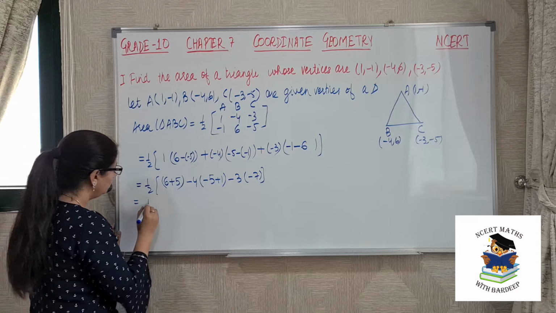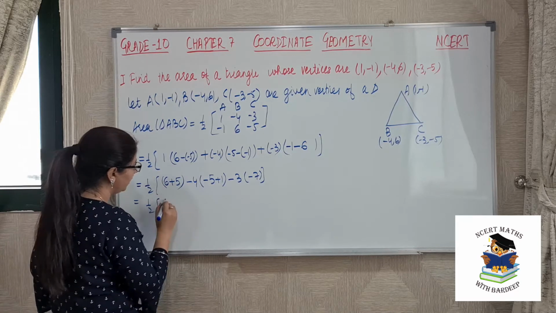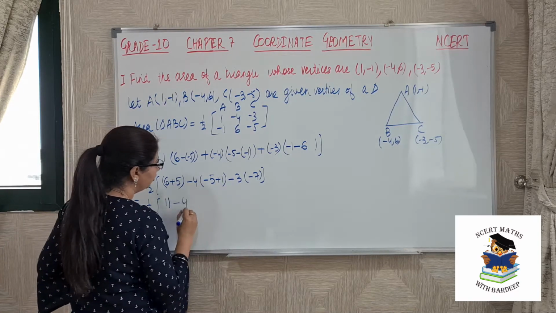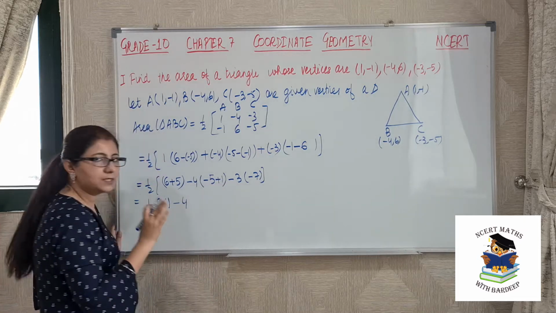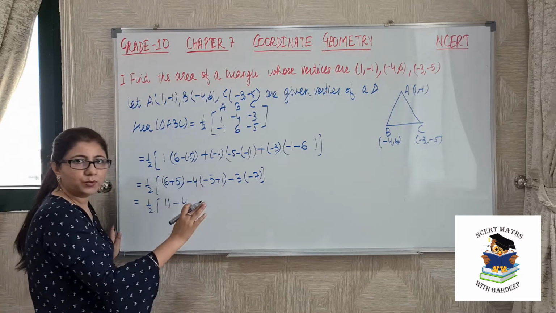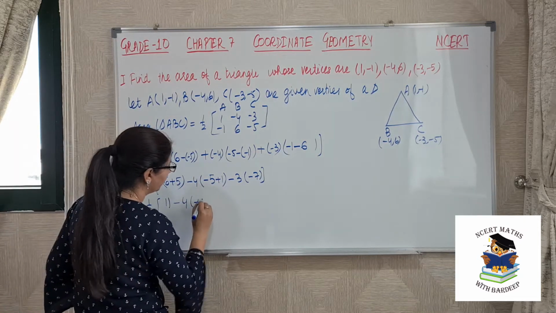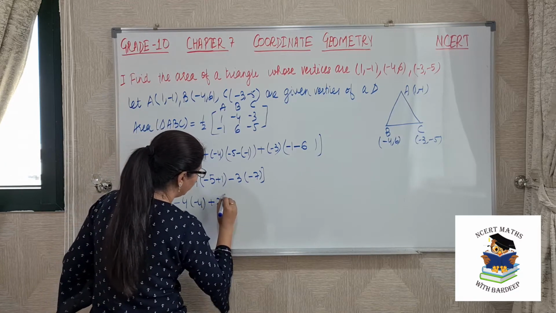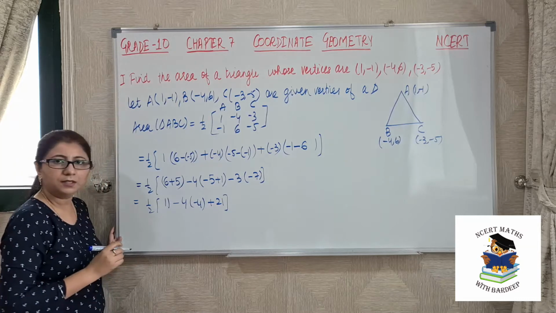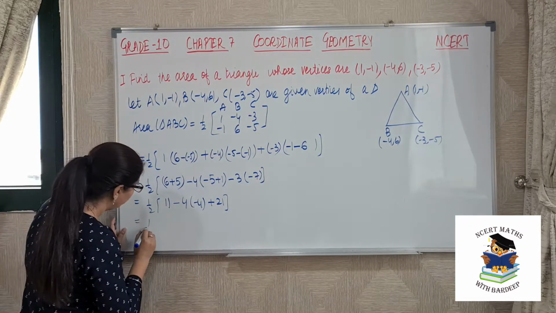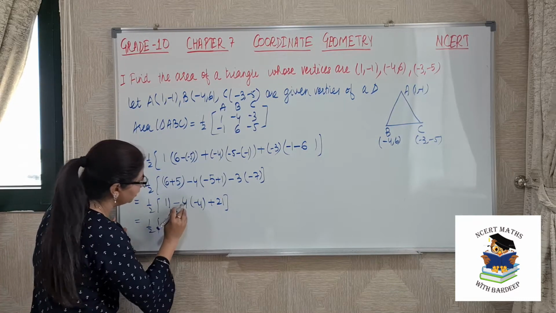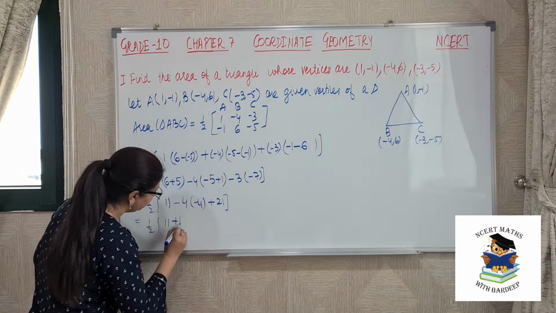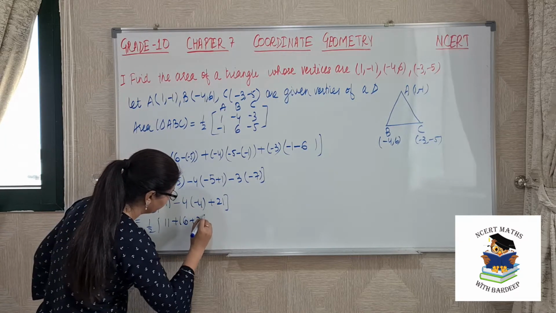Okay, so now half of 6 plus 5 is 11, minus 4 times minus 5 plus 4 is minus 5 plus 1 is minus 4, and now 3 into 7 is 21 with plus sign because both terms are negative. So next step should be 11, 4 into 4 is 16 plus 21.